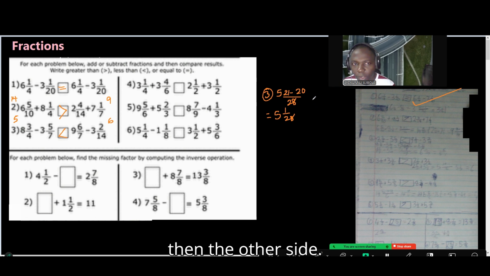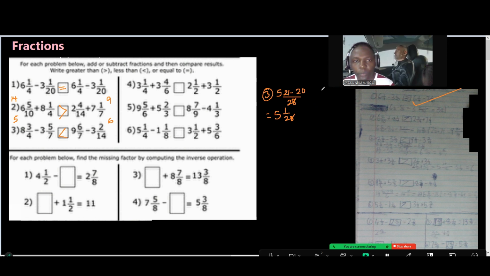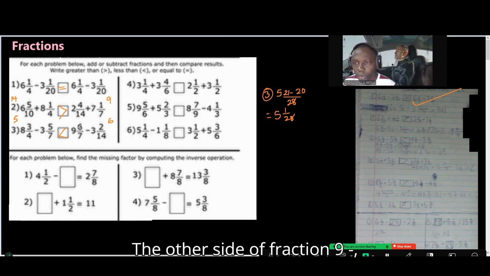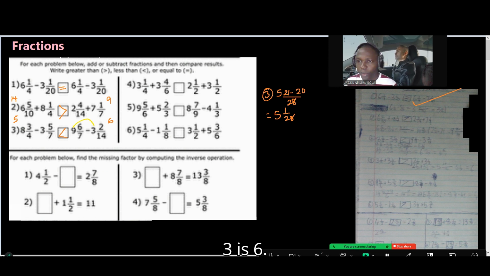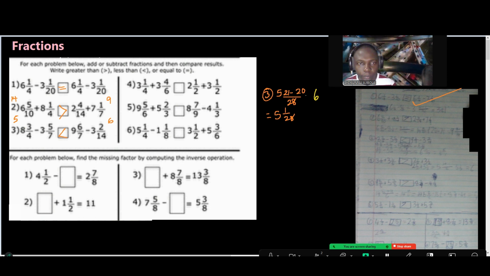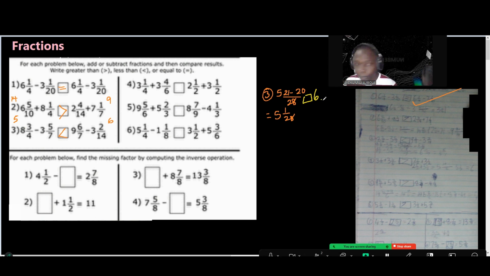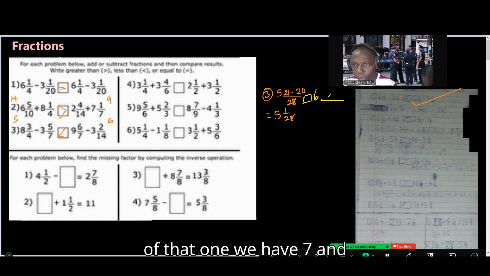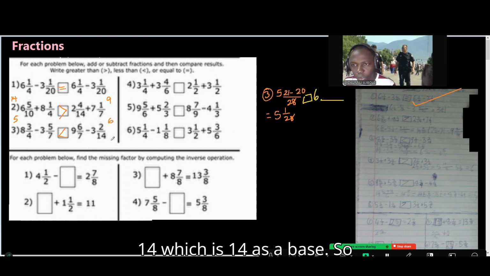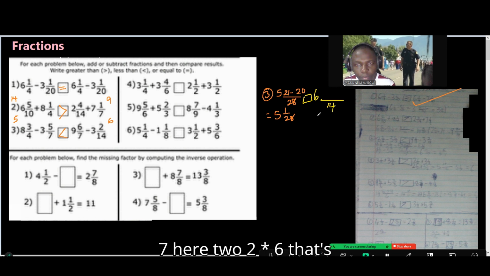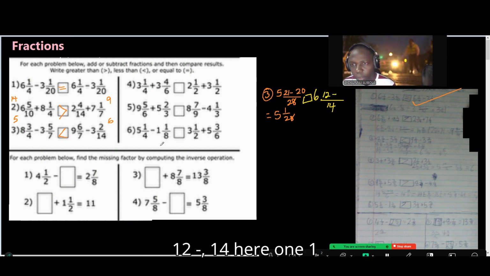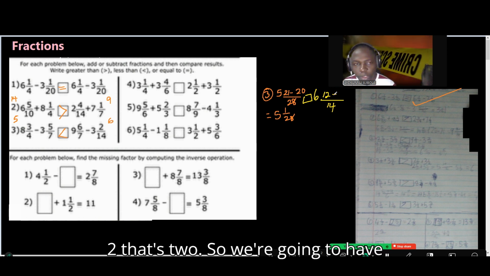Then the other side of the fraction, 9 minus 3 is 6. So then the fraction part of that one, we have 7 and 14, which is 14 as the base. So 7 here, 2 times 6, that's 12, minus 14 here, 1 times 2, that's 2.